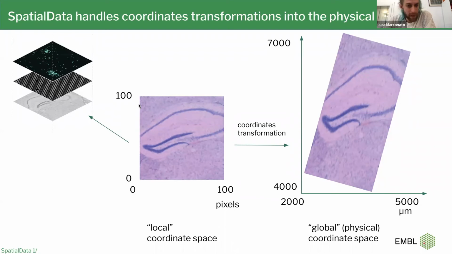You have a local coordinate space that can be like the space of the image, in which the numbers on the axes are pixels, but then you want to map it in the physical space, and you may need to translate it, rotate it, and even stretch it. And then you also have a mapping between these local coordinates, these pixels, and the physical space with, like, micrometers. So these kinds of transformations are stored in this format.